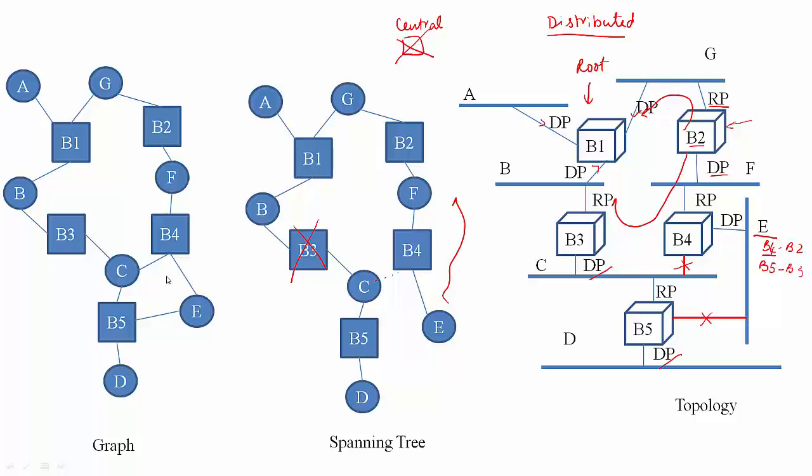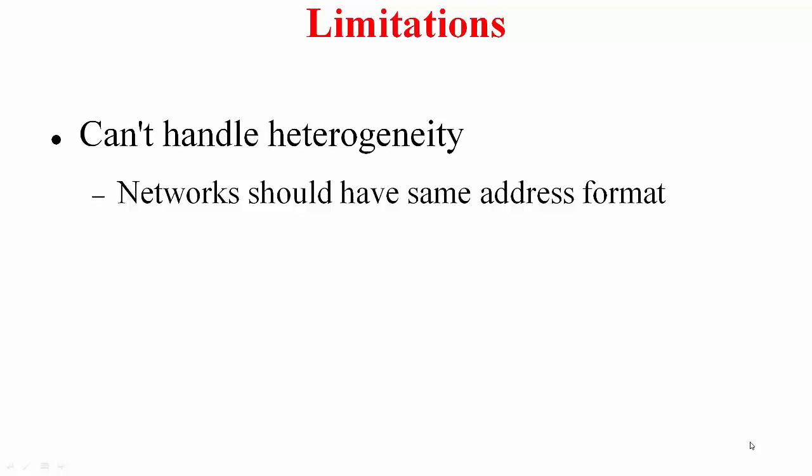Not only that, there are multiple paths between any two Ethernet segments. Because you are imposing a tree, you are not relying on the multiple paths. In fact, that is what causes loops. But at the same time, if you want to do load balancing, it will not permit you to do load balancing. Yet another problem with extended LANs is that you cannot handle heterogeneity.